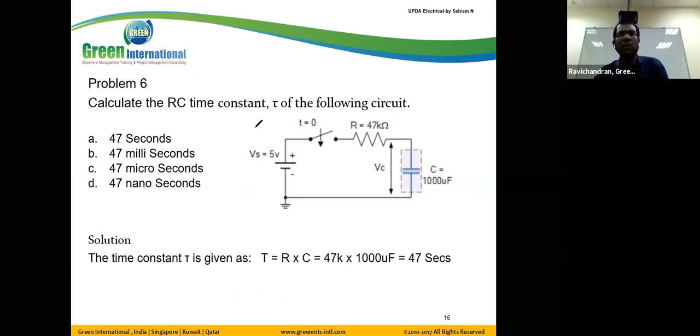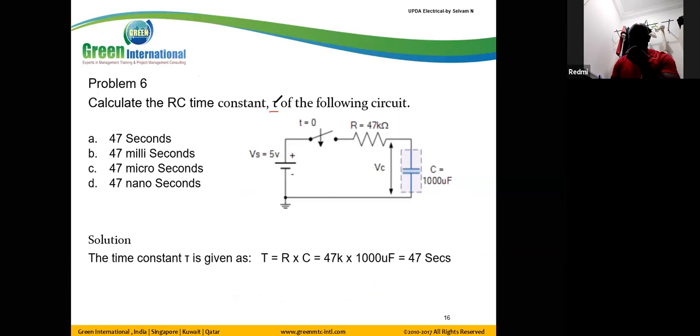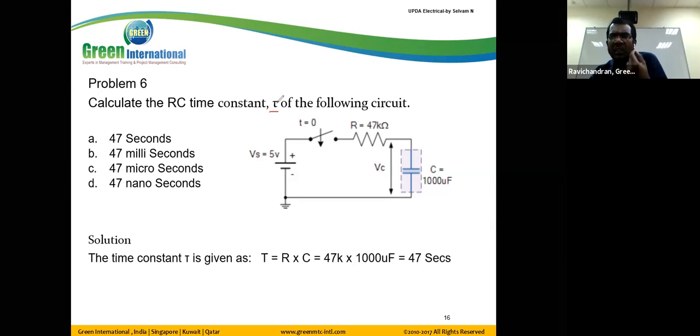So calculate the time constant tau. I pronounce tau; some books mention it as capital T or tau.